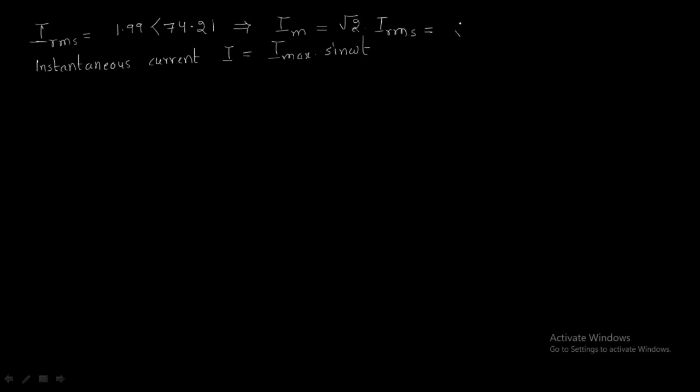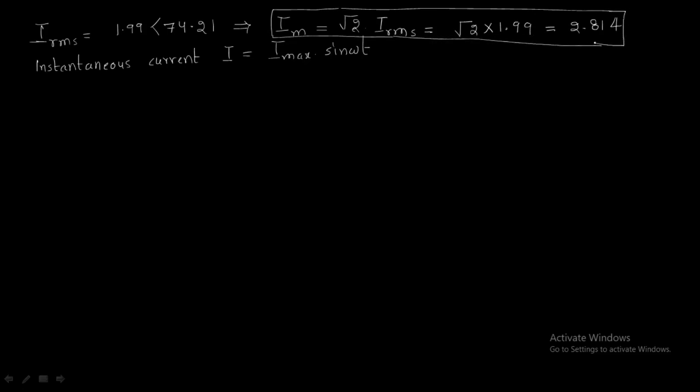So root 2 into 1.99 gives the maximum value, 2.814. This is the maximum current value. Just substitute here: instantaneous current equals the maximum value, 2.814.